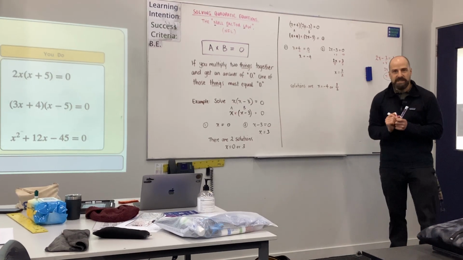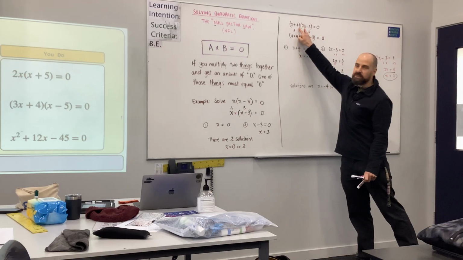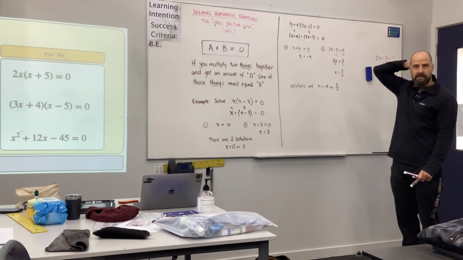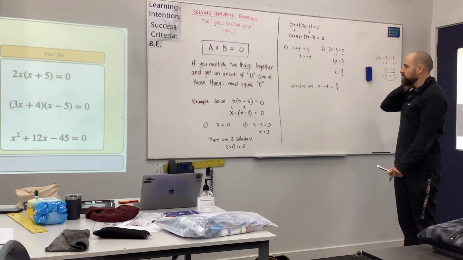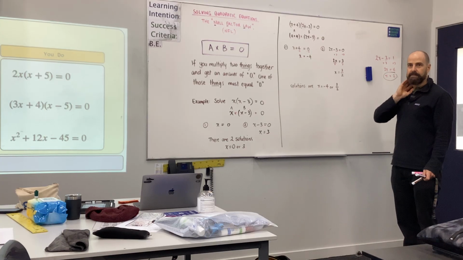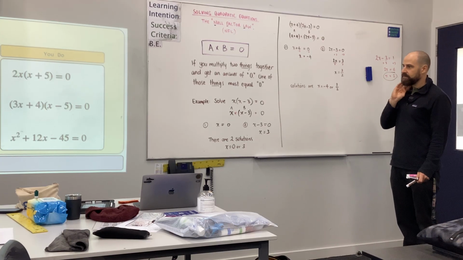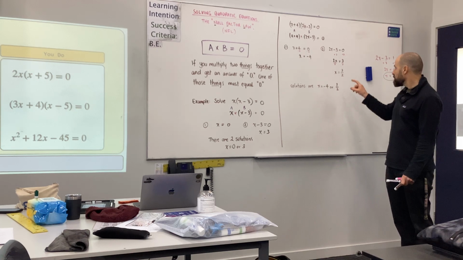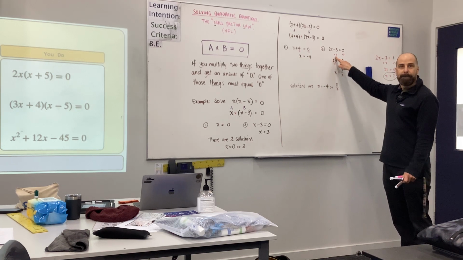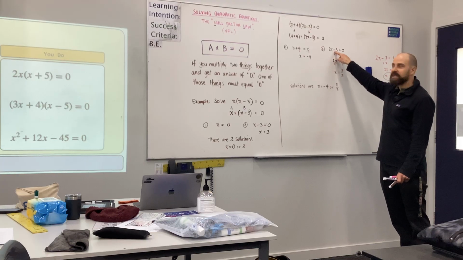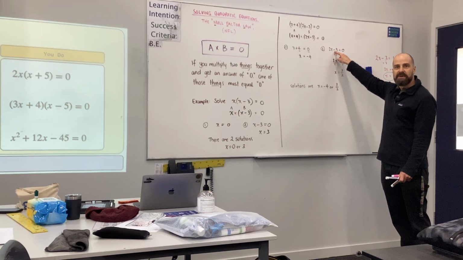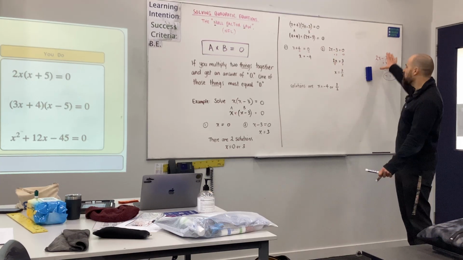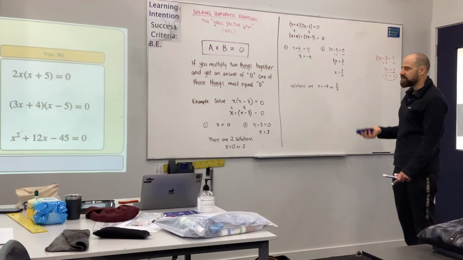We have two possible answers that would make this equal 0. I added 3 to both sides because I wanted to get rid of the take away 3. So we've got to remember all that linear equation stuff working backwards.